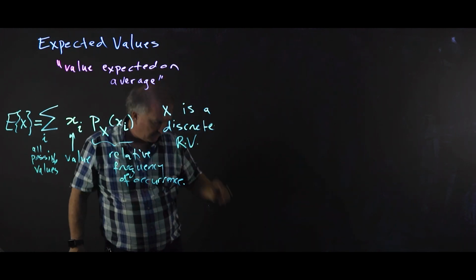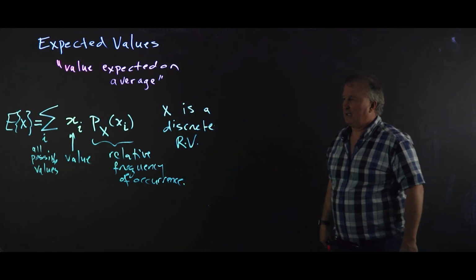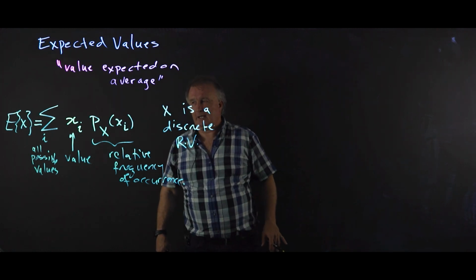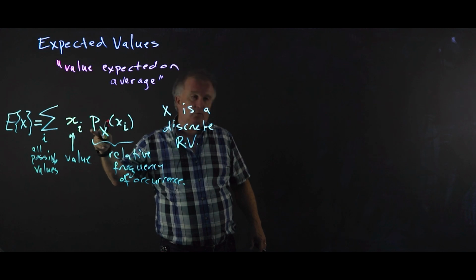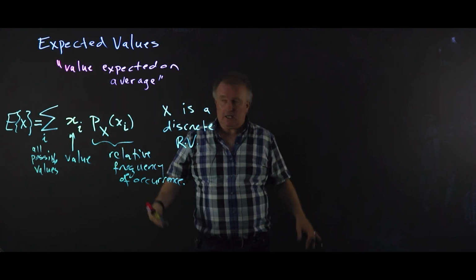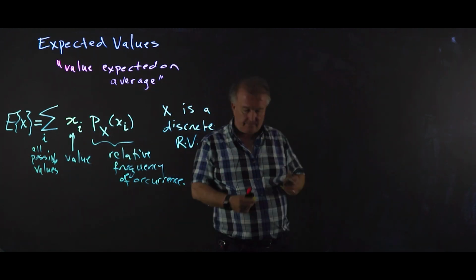I'll start using the acronym RV, not recreational vehicle, but random variable. So when x is a discrete random variable, we take a look at all the values that x can take on and weight them by their relative frequency of occurrence. That weighted sum is what we call the expected value of x.